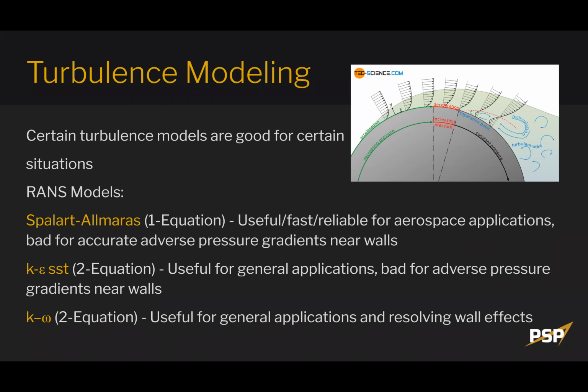It is bad for plotting accurate adverse pressure gradients. Essentially, it doesn't show your flow separation very well. Up here you can see the separation point, where your flow will start to separate and where you will create more drag.